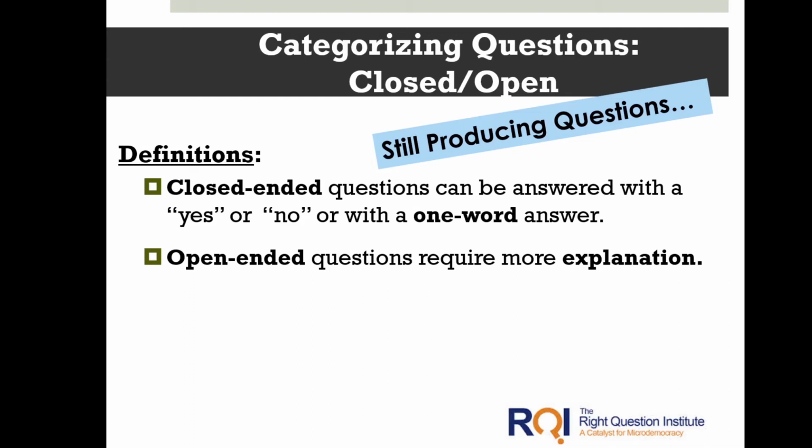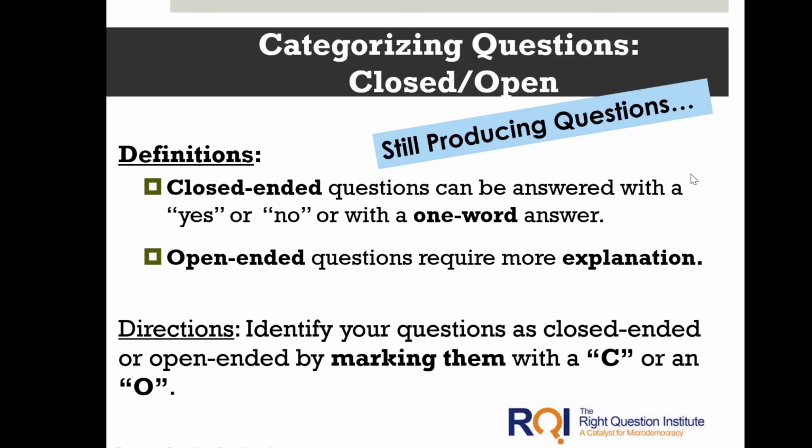A closed-ended question, you can only have a one-word answer, yes or no. They've heard that a lot by the time they enter kindergarten, so this is not a big deal for them. Open-ended questions require more explanation. So we've taught them the difference.